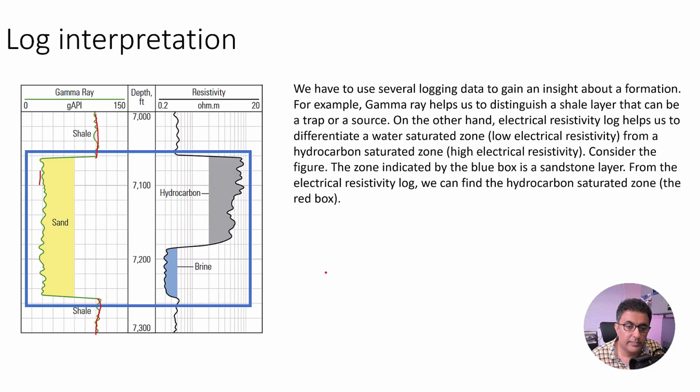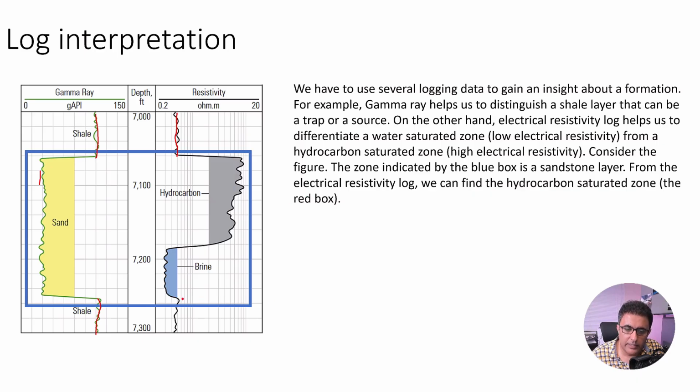Okay, now let's go here. So what you see here, this log shows the resistivity. As you see, it shows that resistivity, for example, varies from 0.2 to about 20. 20 is very high resistivity, 0.2 is low resistivity. So here we see a low resistivity zone that corresponds to the shale layer. Usually shale layers show very low resistivity.